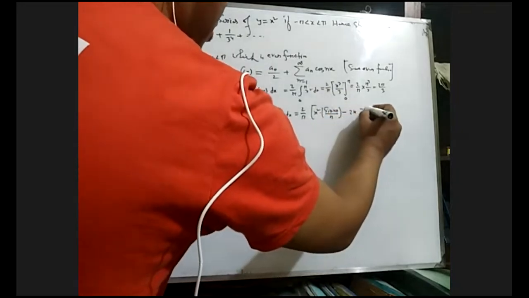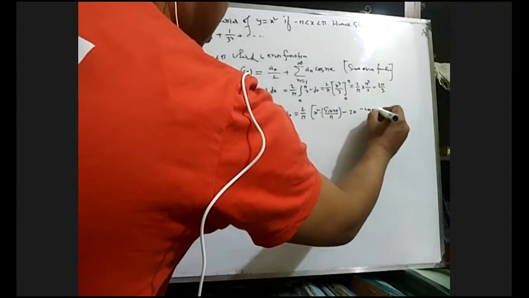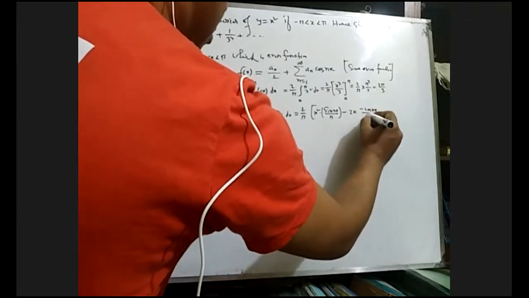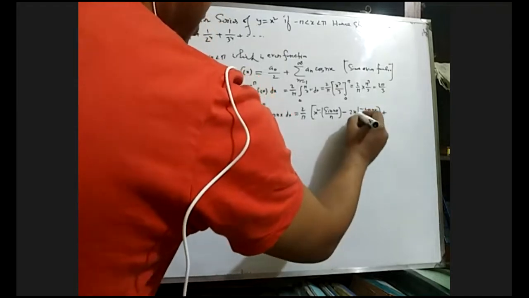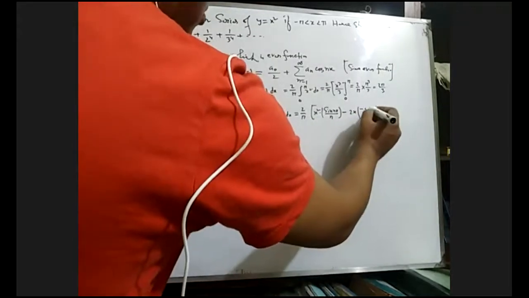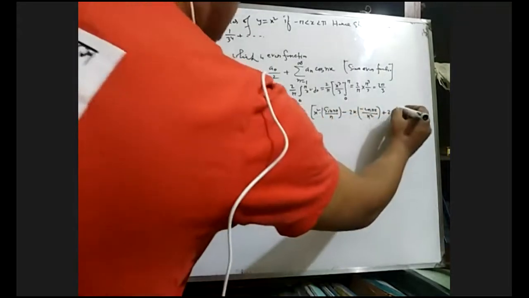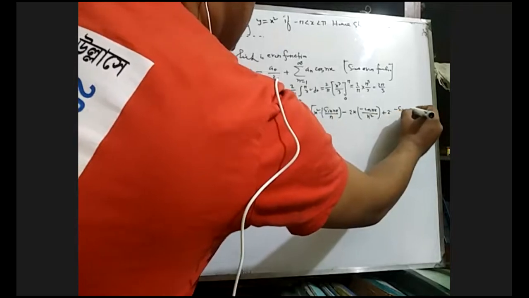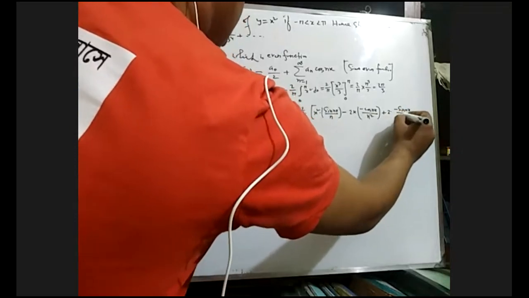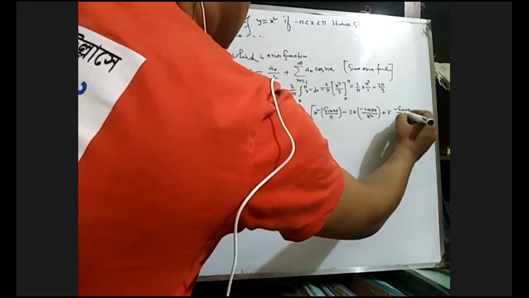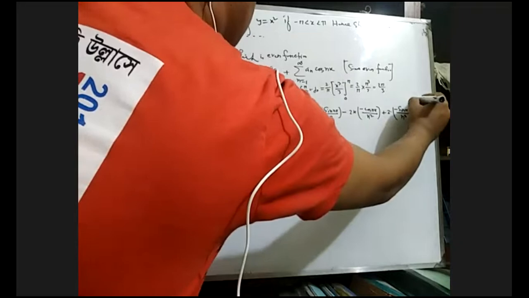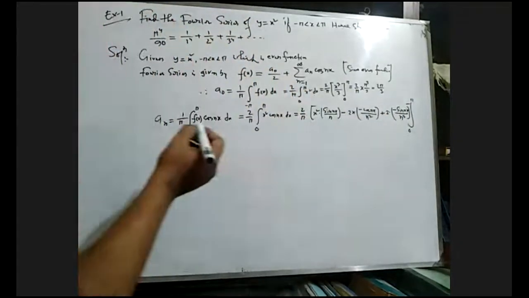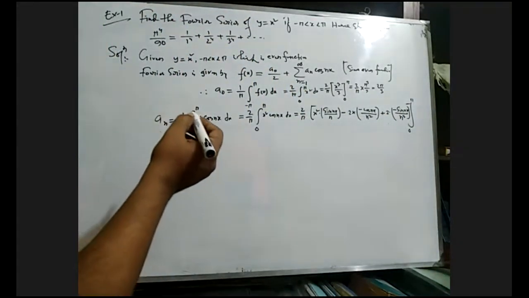The integration will be minus cos nx, again divided by the coefficient of x, so this becomes n square. Plus, now the differentiation of twice x is only 2. So again the integration of cos is sin nx, again dividing by the coefficient of n, so there are 3 n multiplied, so n cube, and the range will be 0 to pi, lower limit and upper limit respectively.